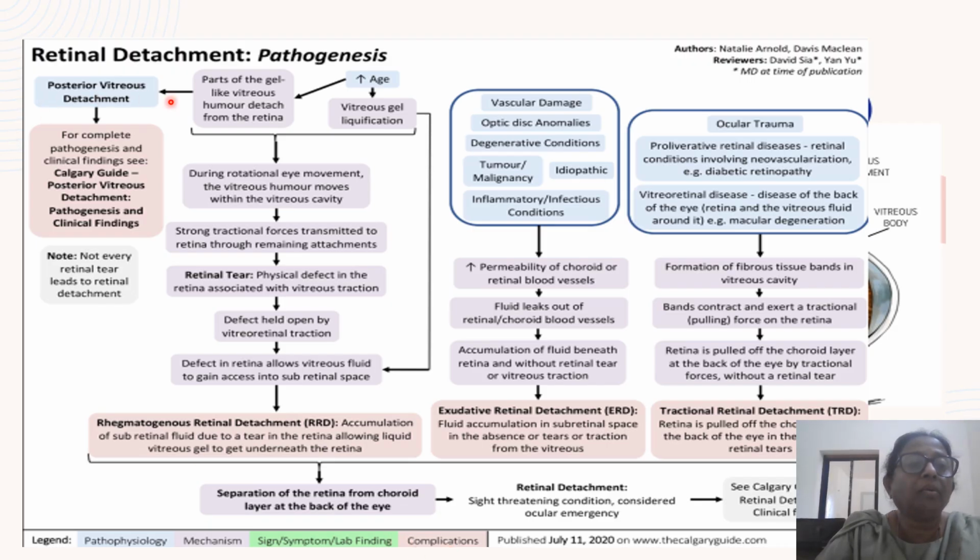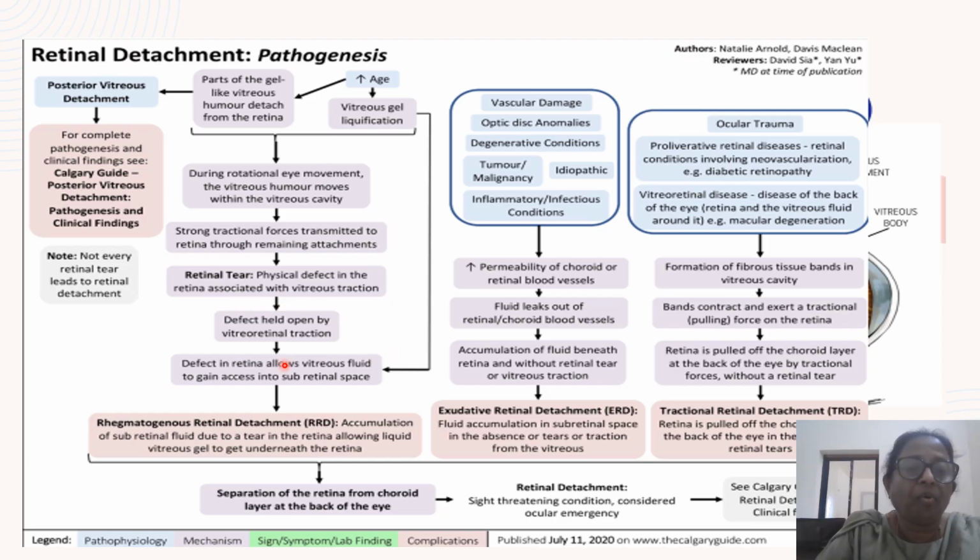So, posterior vitreous detachment: parts of the gel-like vitreous humor detach from the retina during rotational eye movement. The vitreous humor moves within the vitreous cavity. Strong tractional force is transmitted to the retina through remaining attachments. A retinal tear is a physical defect in the retina associated with vitreous traction.